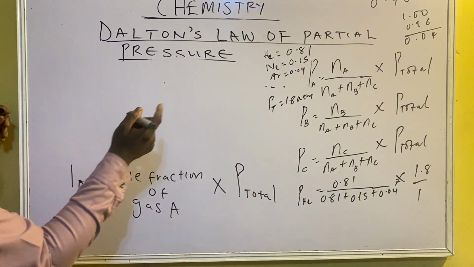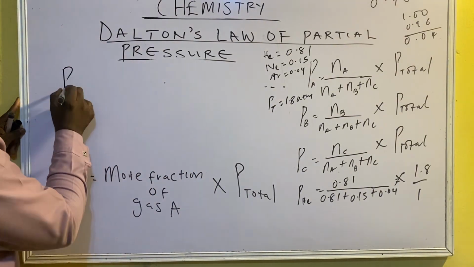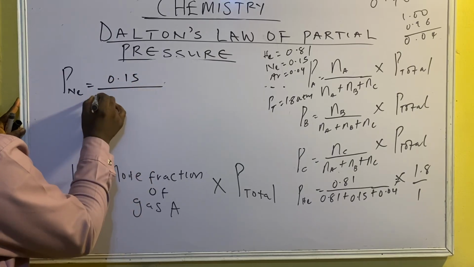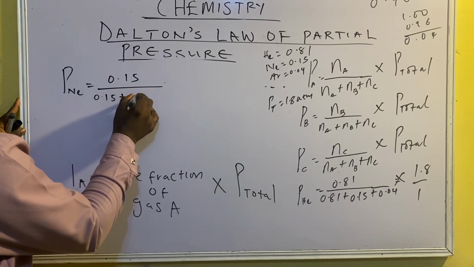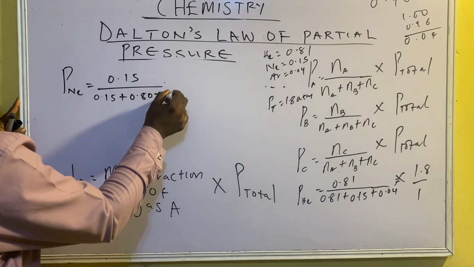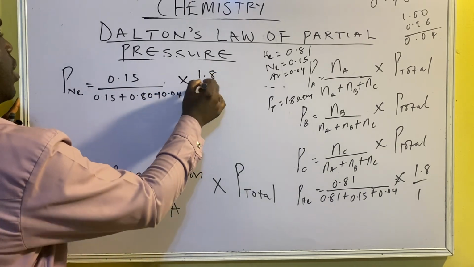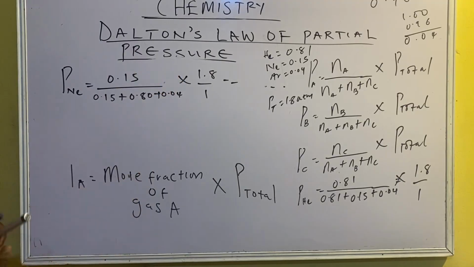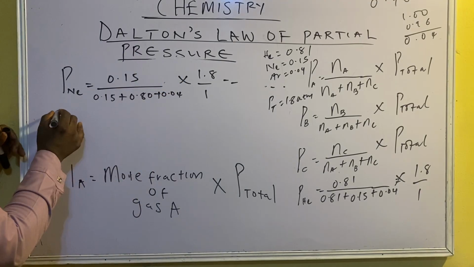You can do the same for neon. It's going to be 0.15 over 0.15 plus 0.81 plus 0.04, multiplied by 1.8. You get your partial pressure of neon. You can do the same thing for argon. So please take note of that.